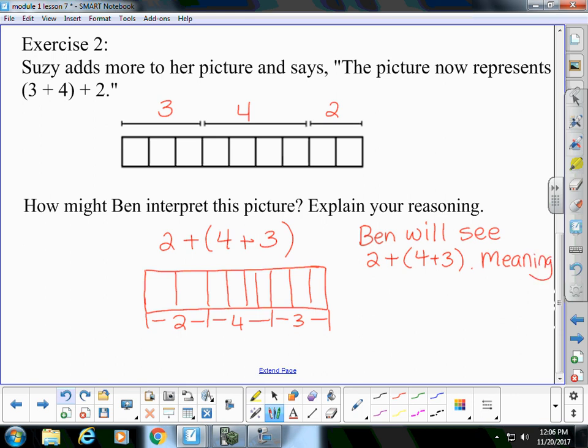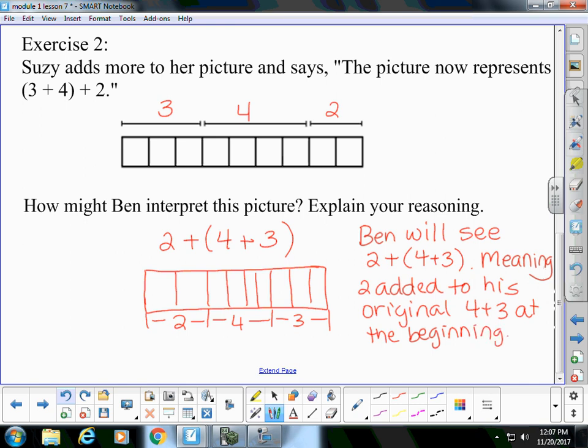Meaning 2 added to his original 4 plus 3 at the beginning. The opposite of Susie, because he's on the opposite side of the table.